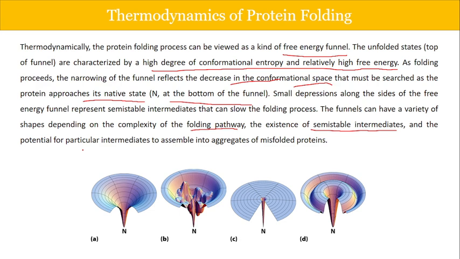A few pieces of information can be gathered from this funnel, and also the thermodynamics of protein folding can be understood from this funnel model, or this inverted funnel system.